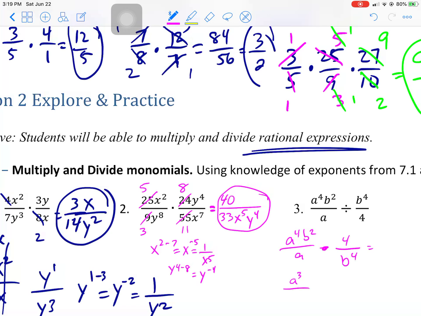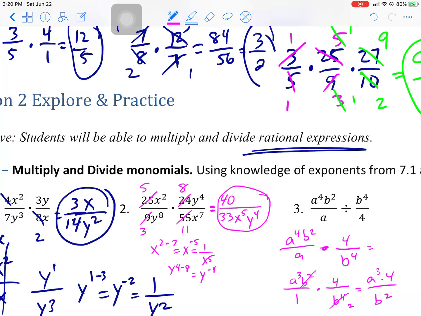Minus 1 is 3 A's on top. And B squared on top. And this one is 4 and B to the 4th. So I can take 2 out of here, and I'm left with 2. So this would be what? A to the 3 times 4 over B squared.